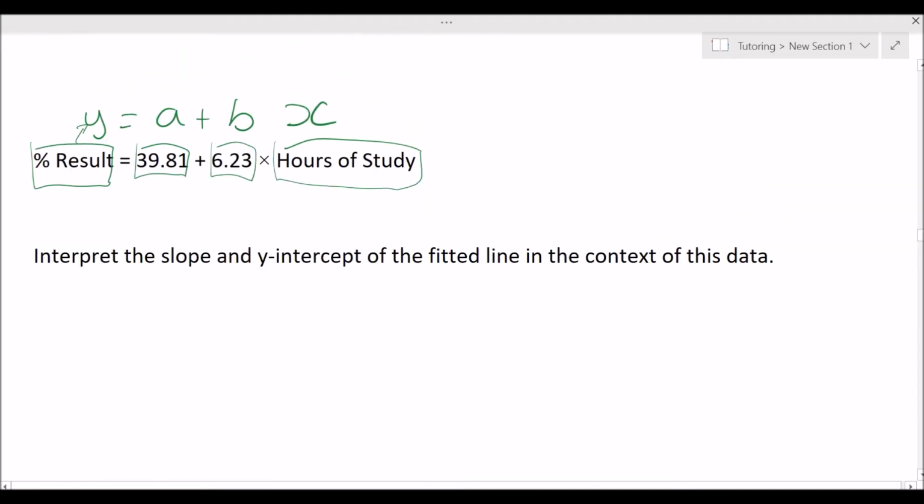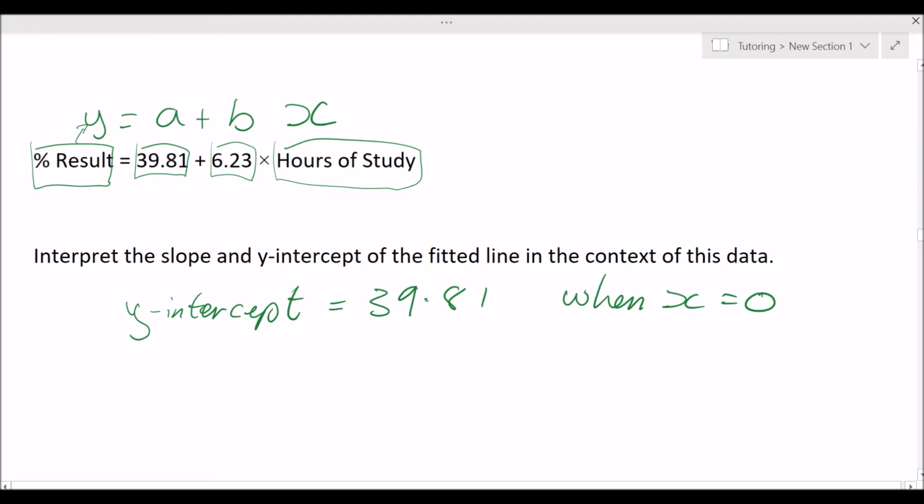Okay, so let's have a look at that information. We've got a y-intercept of 39.81. Now remember, that is when x equals 0. Okay, so what's our x variable here? Oh yes, it's the hours of study.